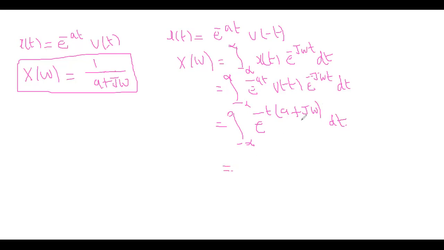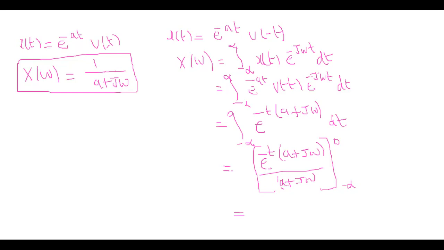That is equal to e power minus t times a plus j omega, whole divided by a plus j omega, with upper limit 0 and lower limit minus infinity. So substituting the upper limit, here the minus is also there, my dear students.